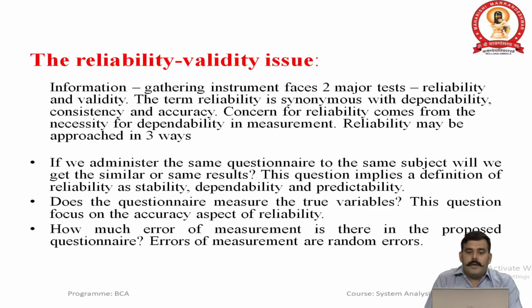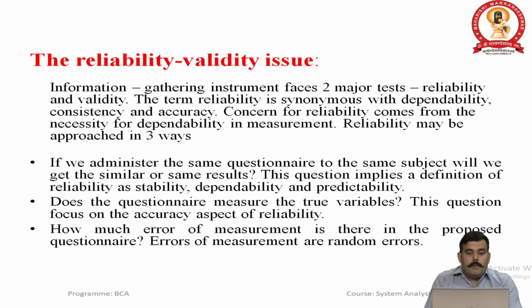The reliability and validity issue. Information gathering instruments face two major tests: reliability and validity. The term reliability is synonymous with dependability, consistency and accuracy. Concern for reliability comes from the necessity for dependability in measurement.